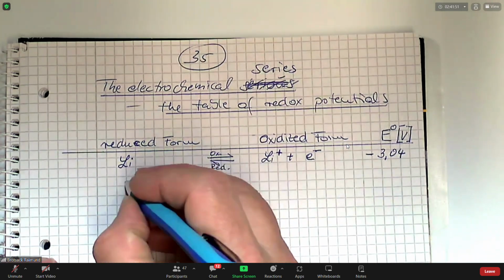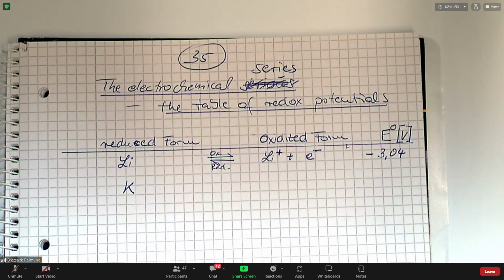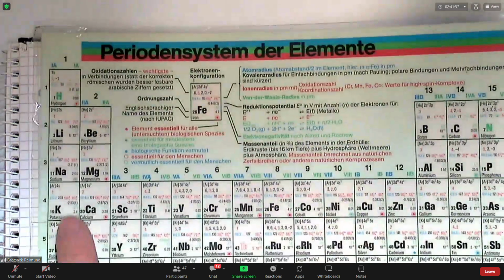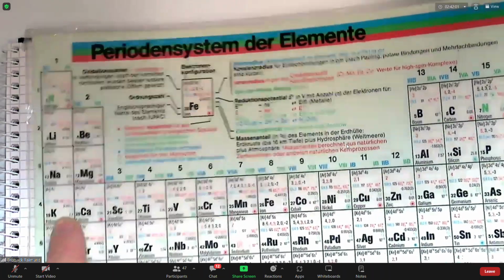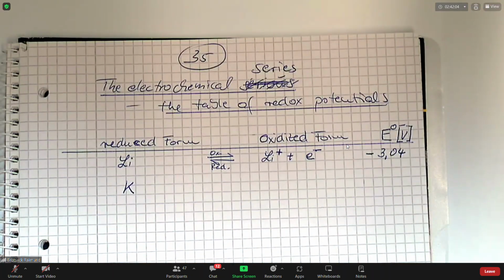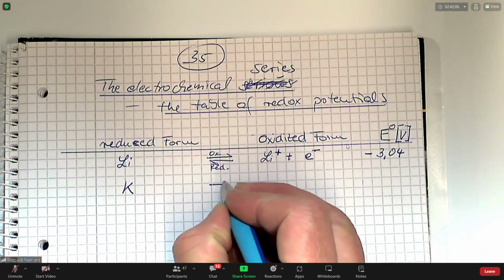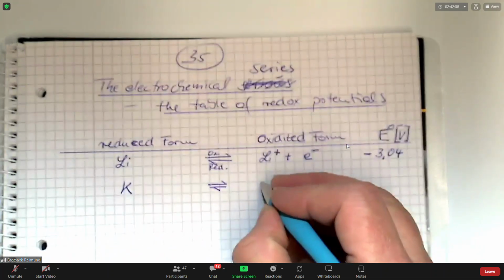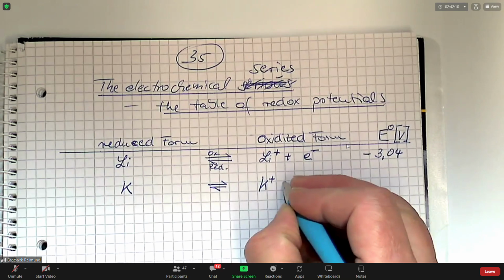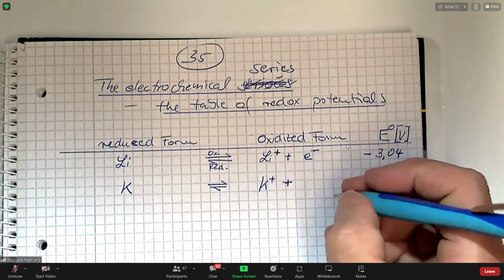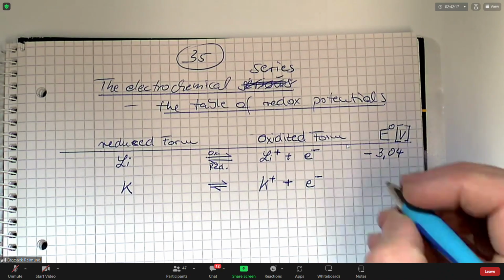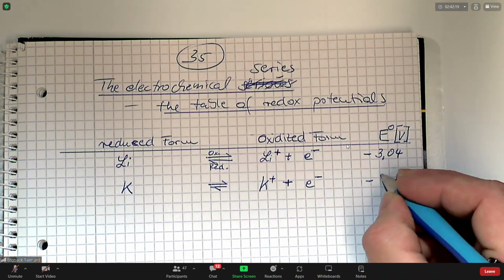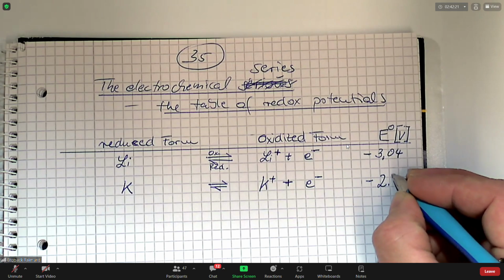Potassium is the next. Potassium is also an alkali element. So what are you expecting? Will it be oxidized or reduced? Oxidized as well. So here, potassium, first group as well, K+ plus 1 electron, but the power here is a little less, only minus 2.92.